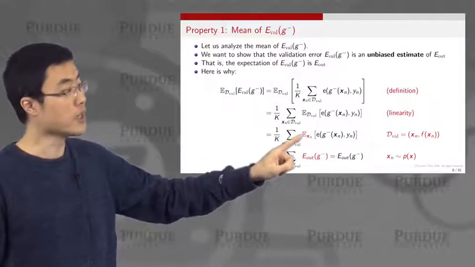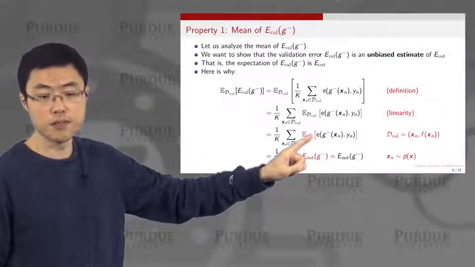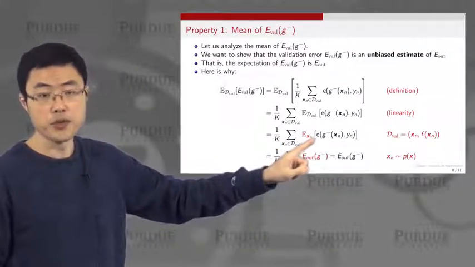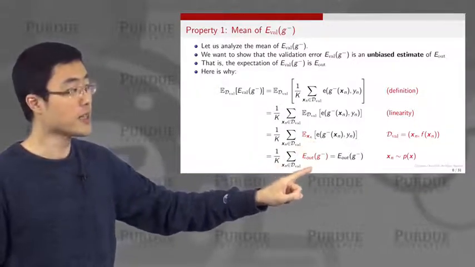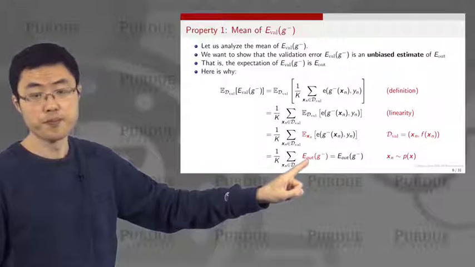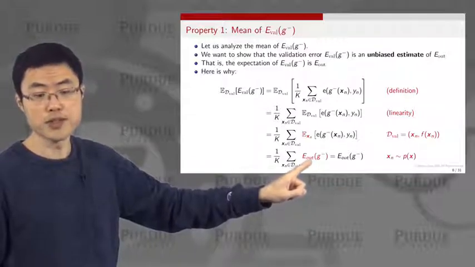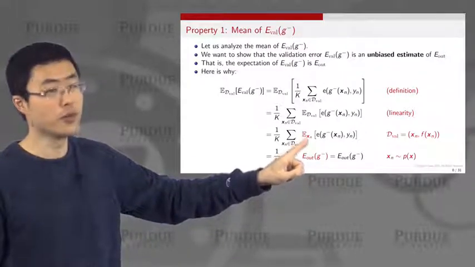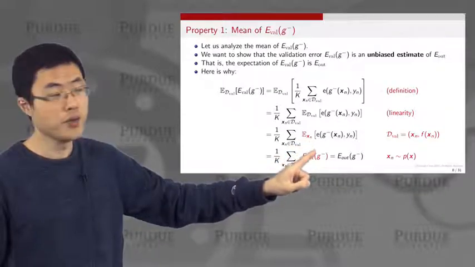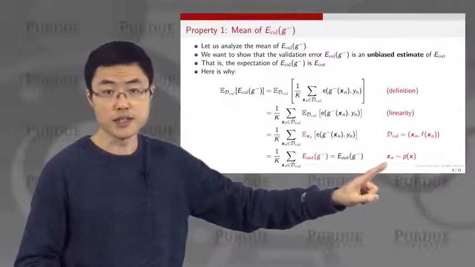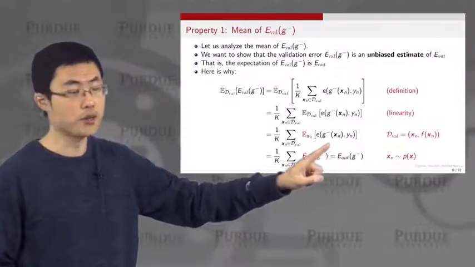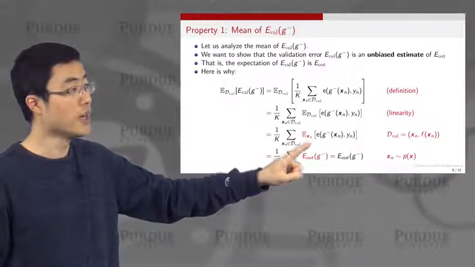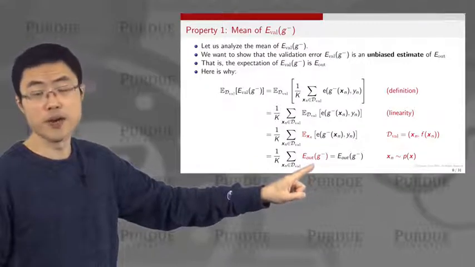And so now, what is the expectation of this point-wise error with respect to xn? That is nothing but the outsample error. Okay, because now the expectation is taken over all the possible xn's from your distribution Px, and Px is the overall population density. And so when you take the expectation over xn, that will give you the outsample error.